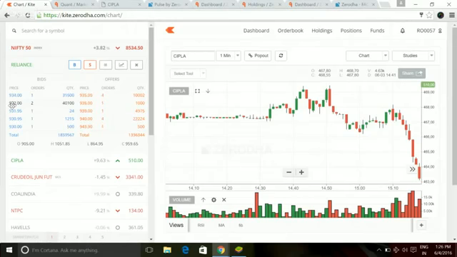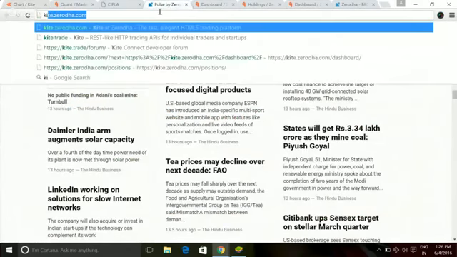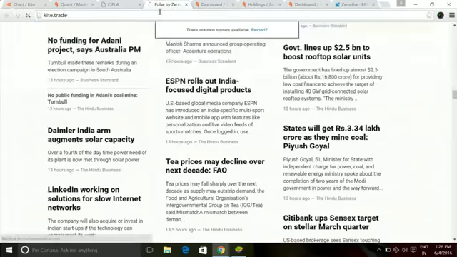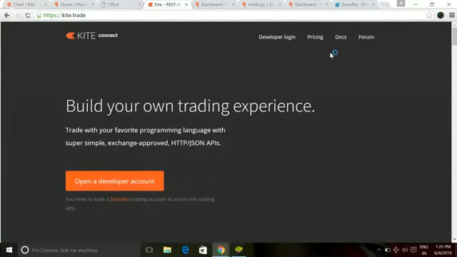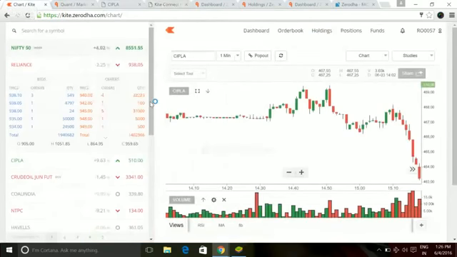A few of you are asking about the Kite APIs. If you go to kite.trade, these APIs are essentially a layer over our Kite web-based trading platform.